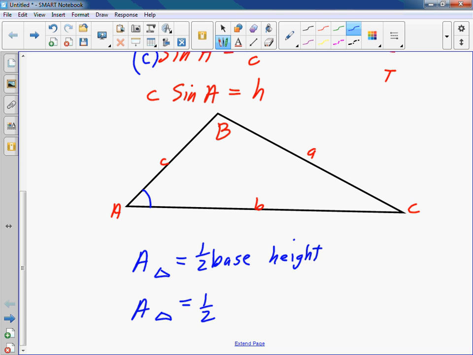The base we said was what? The base is this guy right here. B, thank you. Thank you. 1/2 B times. Now, what did we say in place of H? We'll call this the Nick theorem. C sine A.